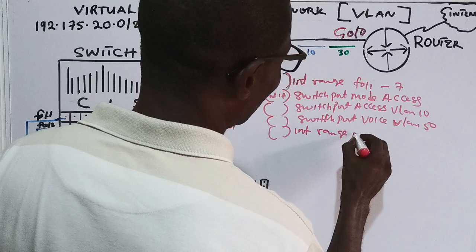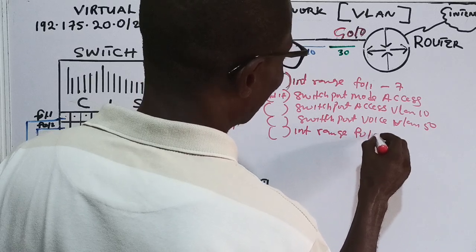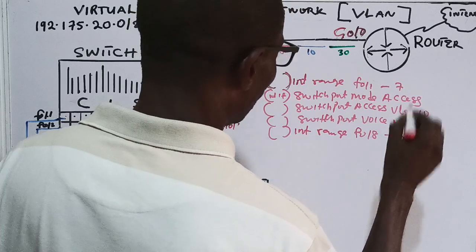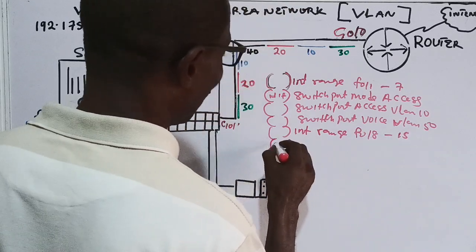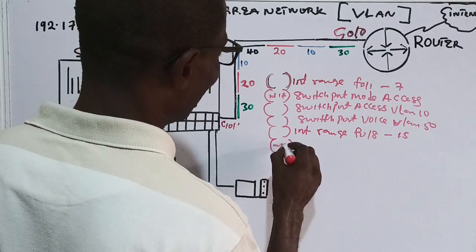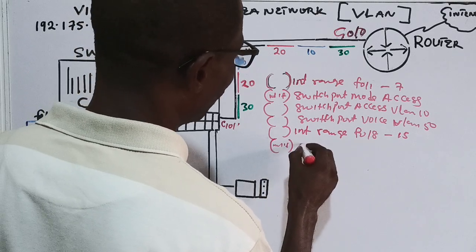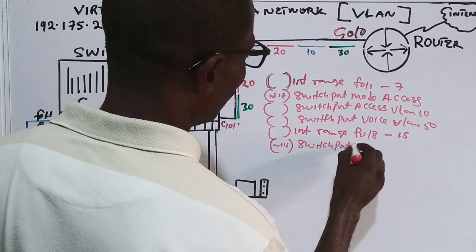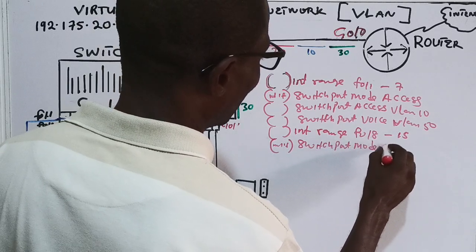Interface range Fa0/8 to, let's say, 15. You hit enter to come to interface configuration mode, where you put switchport mode access.